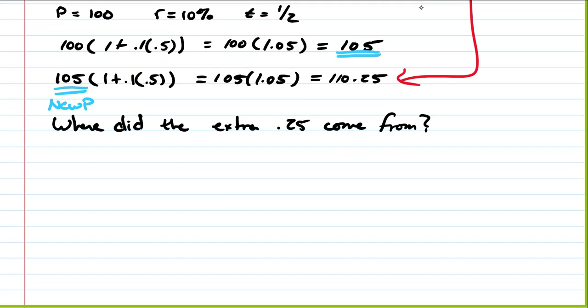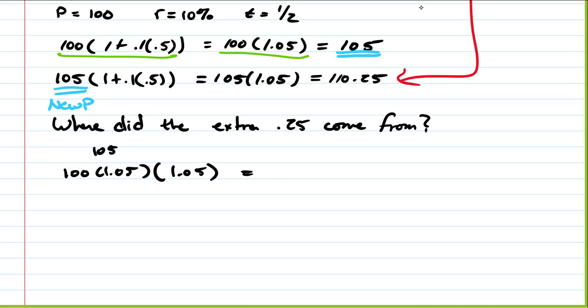A couple of observations and then we'll get to our formula. Something we may have noticed is if you look at this line right here, it simplifies to 105. So instead of having 105 for our new balance, we could have written it as 100 times 1.05, because this is 105, times what we were going to get again, 105 times 1.05. Collecting, we would get 100 times 1.05 squared. That was our starting amount.